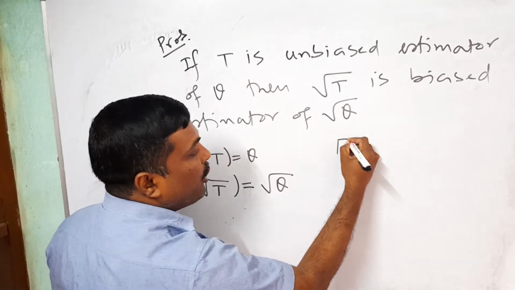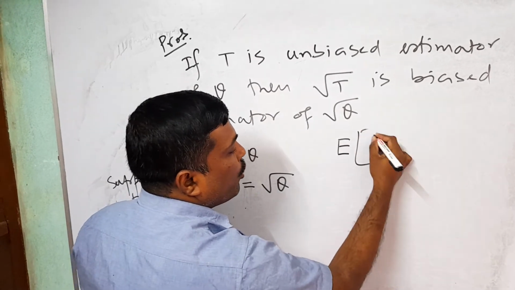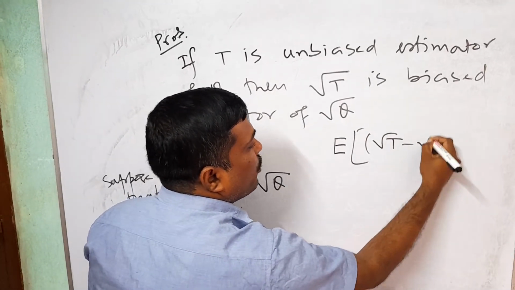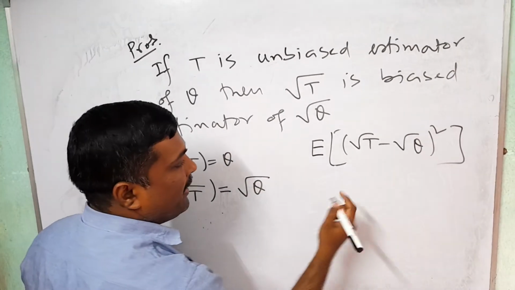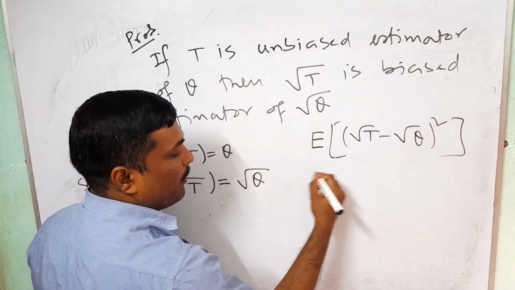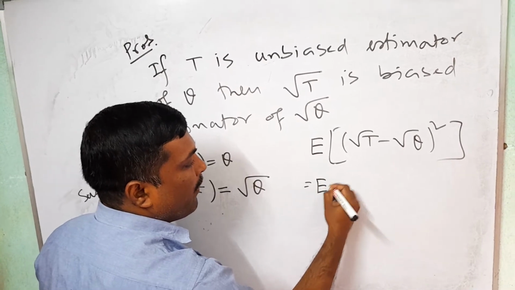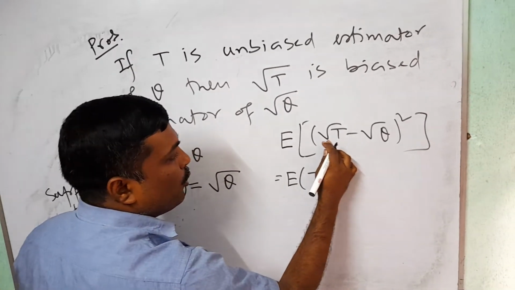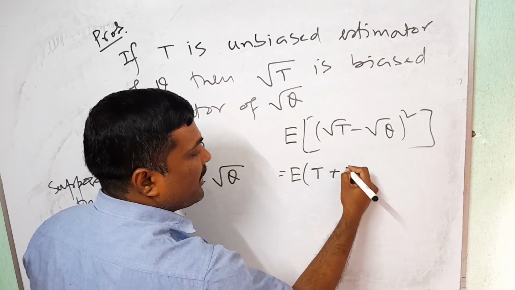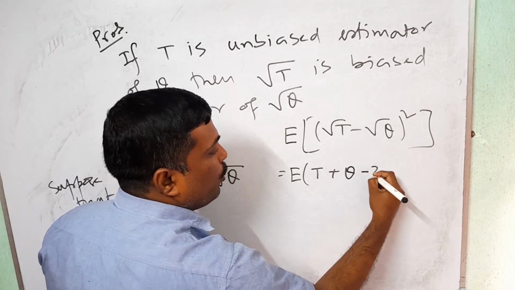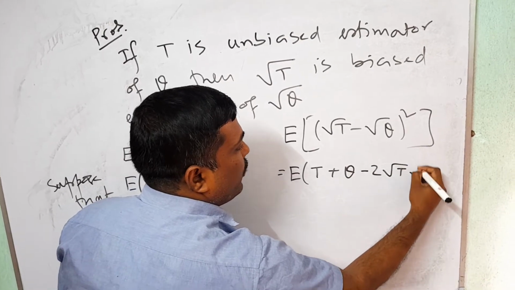Now calculate E of root over T minus root over theta whole square. So this is E of root over T whole square, that is T, plus root over theta whole square, that is theta, minus 2 root T into root theta.